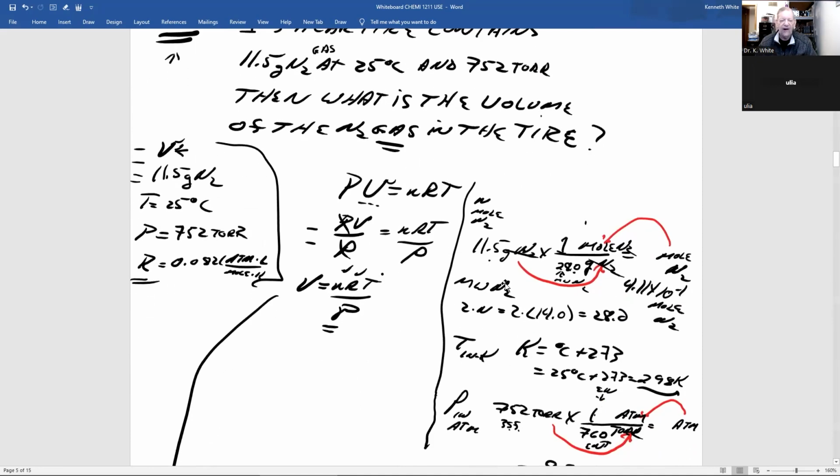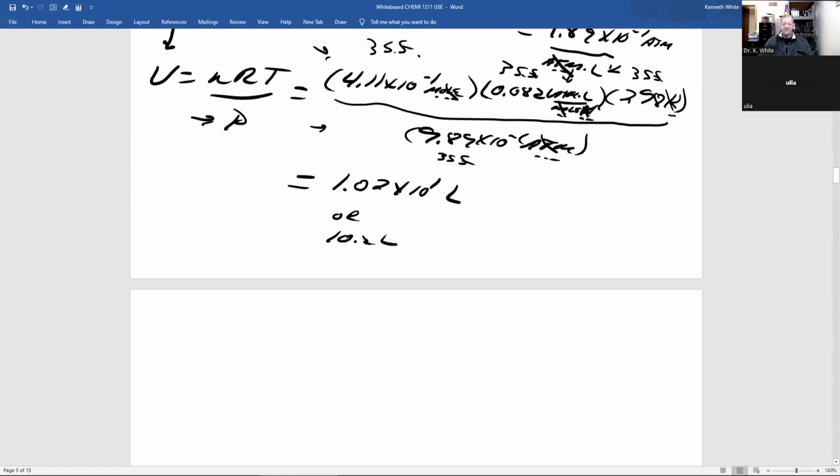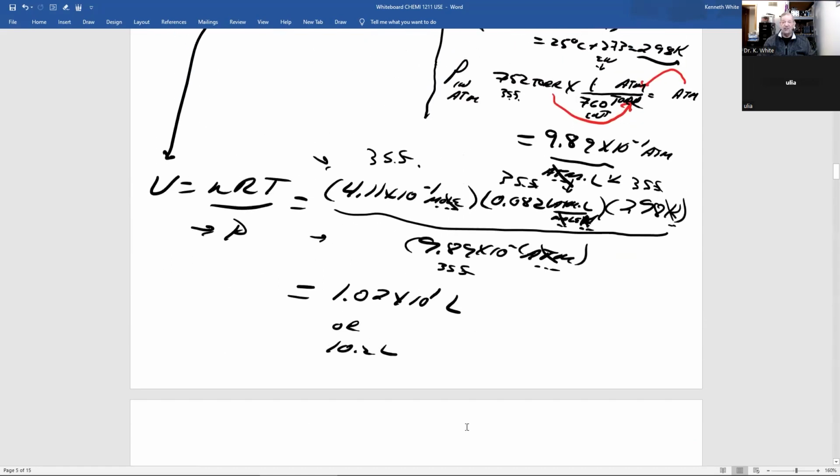However, the gauges we have that we measure, like temperature, pressure, or weight, are not in what we need, where N is moles, T is in Kelvin, P is in pressure atmospheres. And you have to do these conversions. And that's why this is 15 points. It's a lot of work. A lot, but it's 15 points. So I highly recommend you learn how to do this.